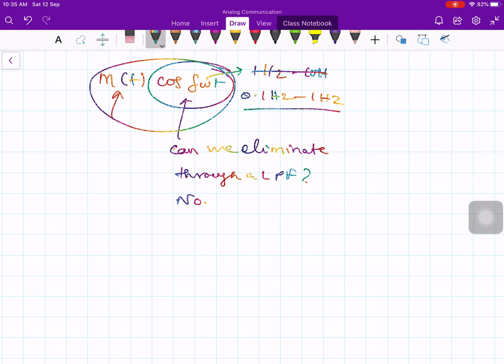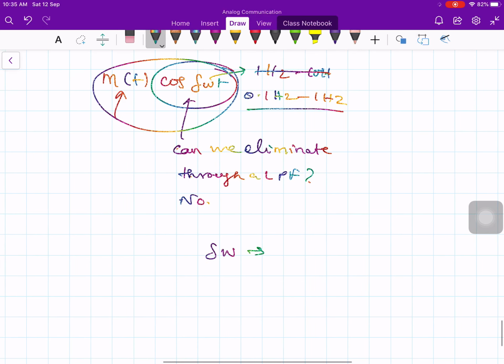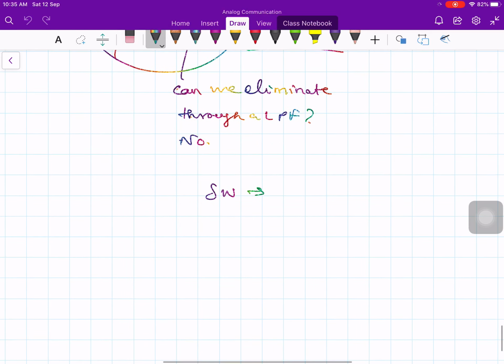As I said, this delta omega may be of the order of a few hertz, maybe at the most 100 hertz or tens of hertz. So typically it could be tens of hertz, very less. If you are using very stable oscillators both at the transmitter as well as at the receiver, then the typical frequency difference will not be that high, which will be the case in practice.